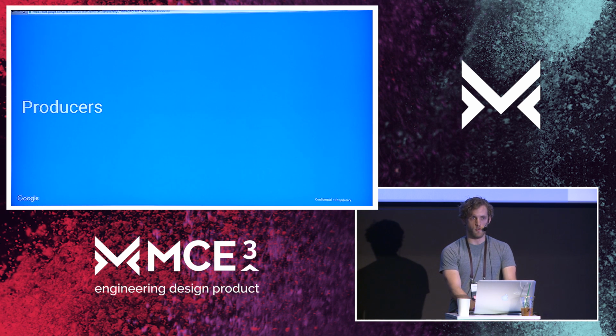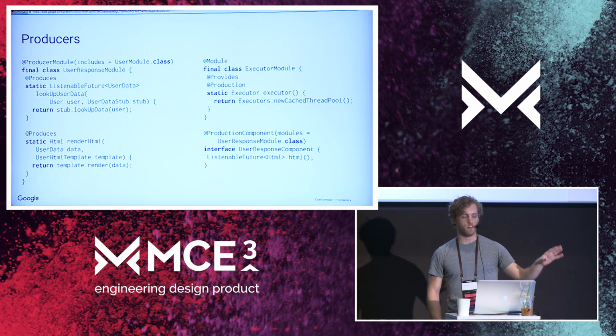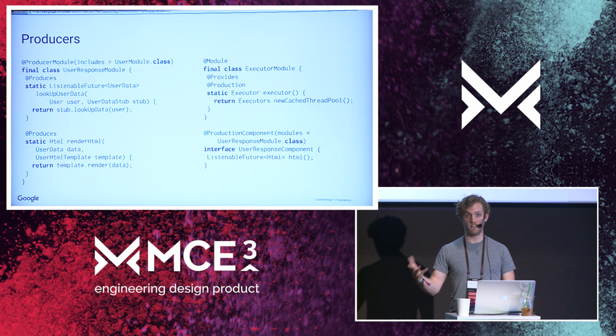What we use is just normal listenable futures straight from Guava. And this should look extraordinarily similar. It looks exactly like modules and provides methods and all of those things that you would typically see, but we've replaced provides with produces. And what that means is when the inputs to a given method are finished, go ahead and invoke the next one.